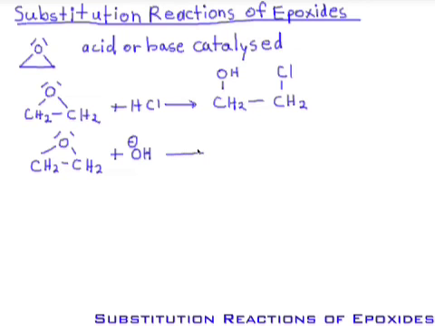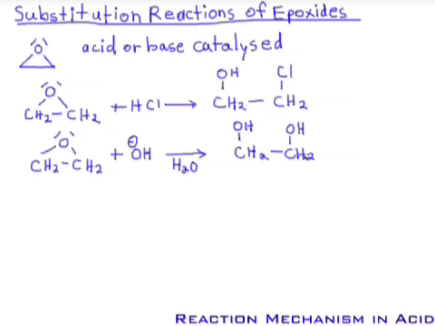And if I'm using hydroxide as my salt, I always use the conjugate acid as a solvent, so H2O is my solvent. Hydroxide will attack, the alkoxide will break off, and the O- will grab a proton. Nice way for making a 1,2 diol. Okay.